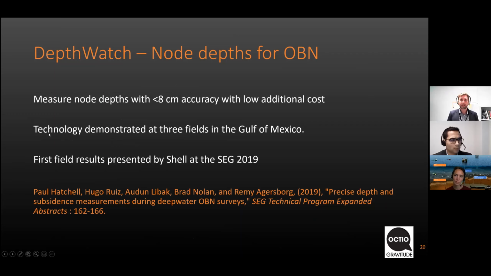So we are able to get the node depths with less than 8 centimeter accuracy for a very low additional cost. The technology has already been demonstrated at 3 fields in the Gulf of Mexico. And the first results have been presented at the SEG 2019 by Shell. And I have included a reference to this paper below here.